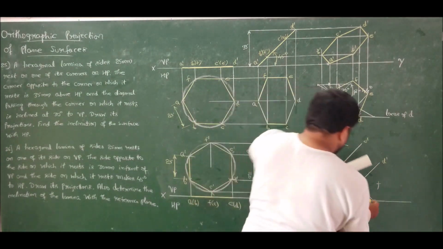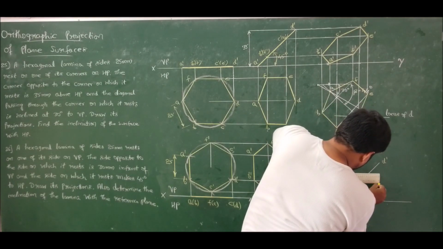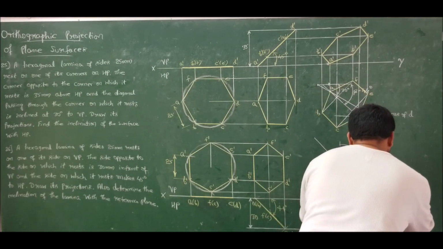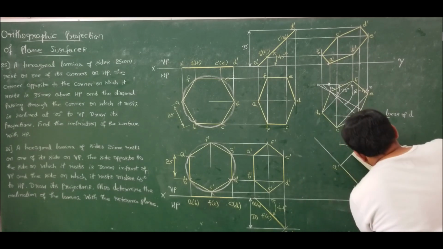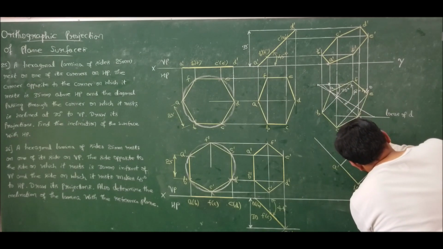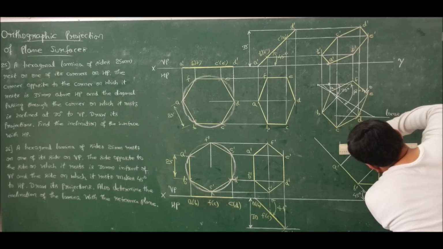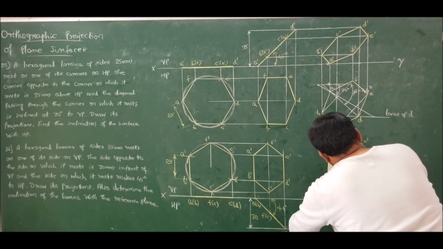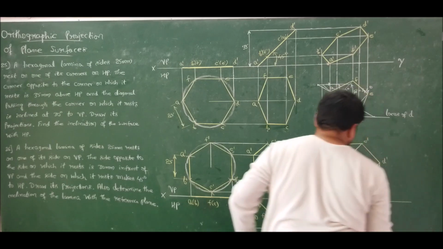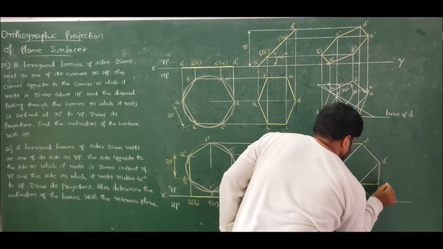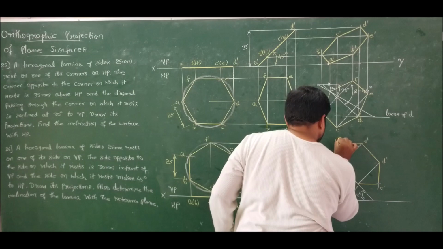Now connect these points A dash, B dash, C dash, D dash, E dash, then F dash, then again A dash.